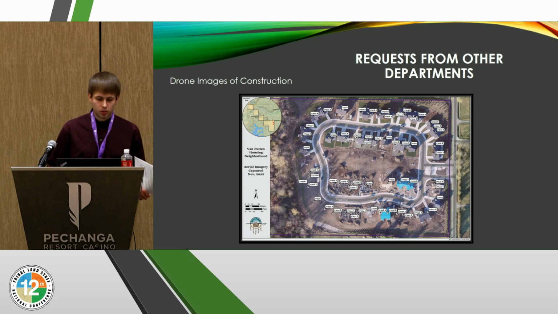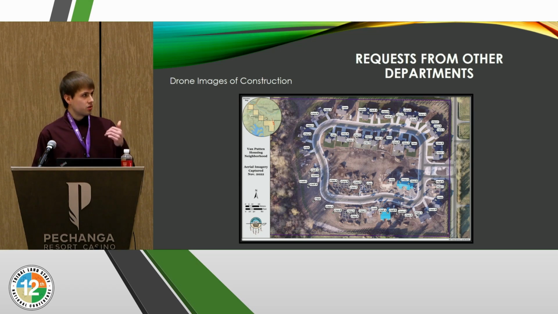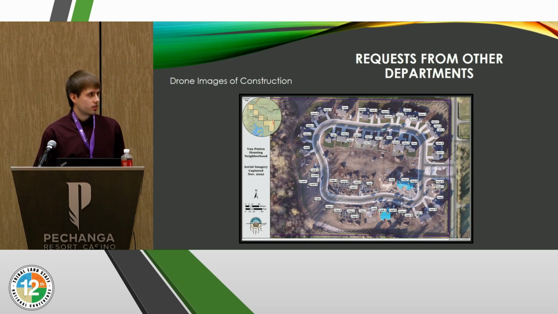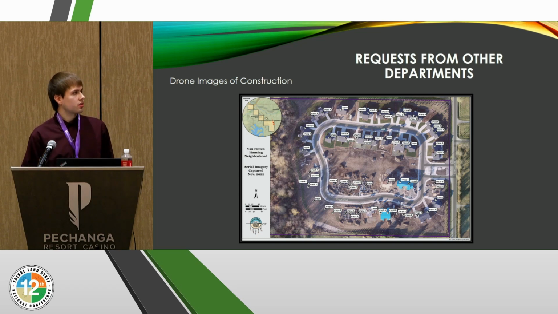I've mentioned we have drones, we fly overhead. This is a 60-unit housing subdivision, I believe, that was funded via grant by HUD for $10 million. I forget which now. But one of the housing directors wanted to have a consistent series of maps showing the progress of the subdivision, and so I provided that in this case.